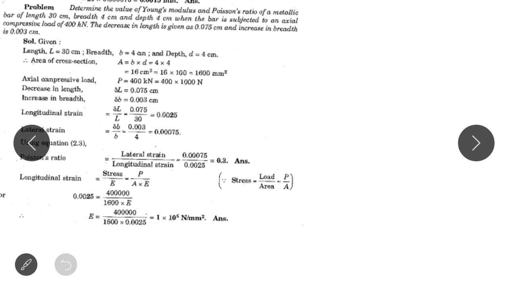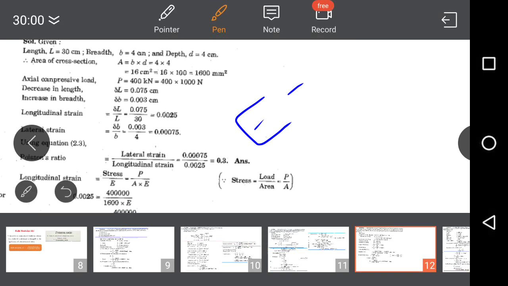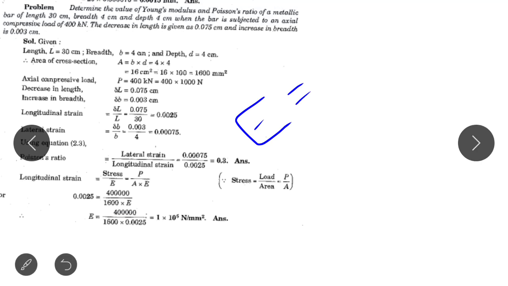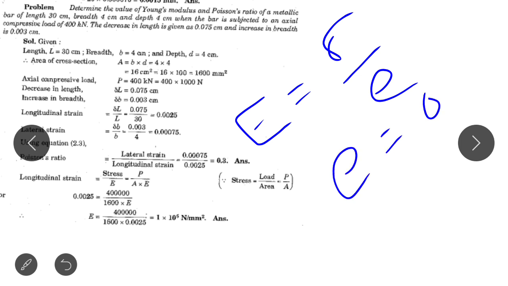Next one, Young's modulus. So Young's modulus capital E is equal to stress divided by strain. Therefore stress and longitudinal strain, Young's modulus is equal to stress divided by strain. Therefore strain is equal to stress divided by Young's modulus. So stress is equal to P divided by area.